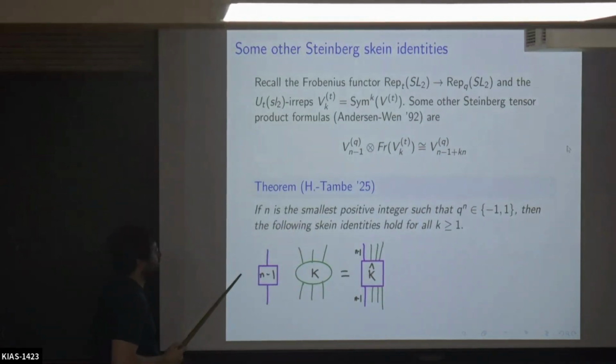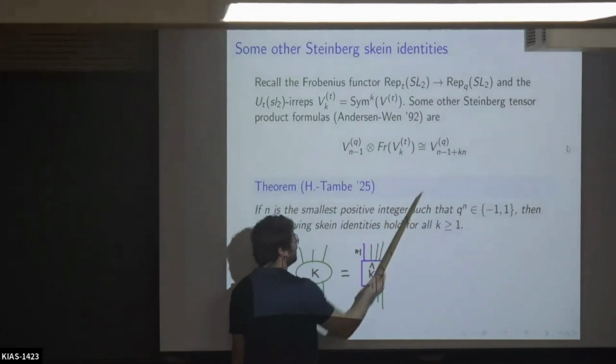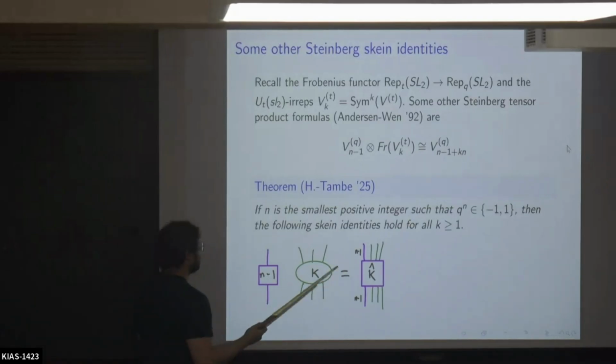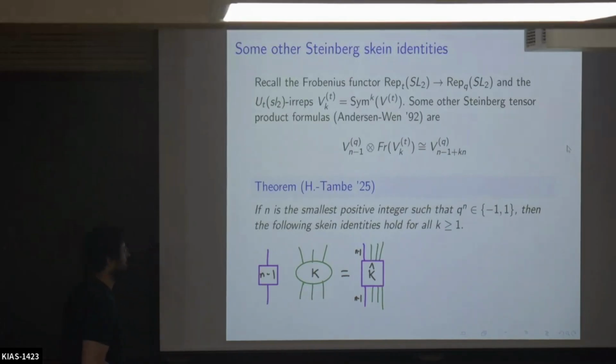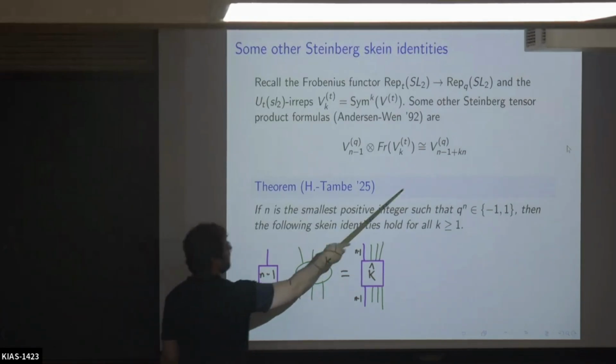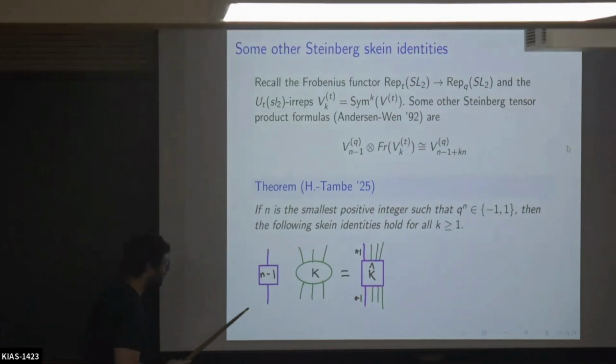So for k equals 1, this was exactly the first Steinberg tensor product formula that we saw. And then we have corresponding skein identities involving these, where if you take Jones-Wenzl n-1 next to a thick Jones-Wenzl projector on k strands, you get the Jones-Wenzl k hat, where k hat is n-1 plus kn.